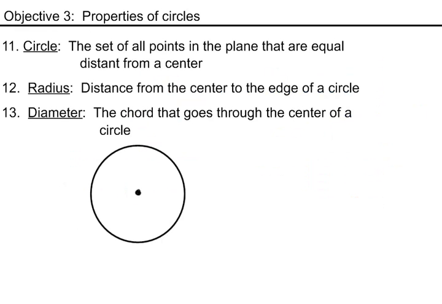Now we're going to talk about circles. Okay, so a circle is the set of all points that are an equal distance from a center. So if I have this circle right here and I make a whole bunch of points like this, and I draw my distance to any of those points, it's always going to be the same. So this is called the radius.